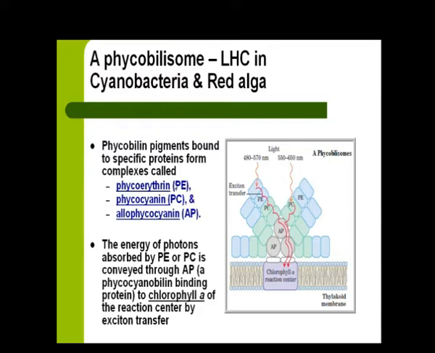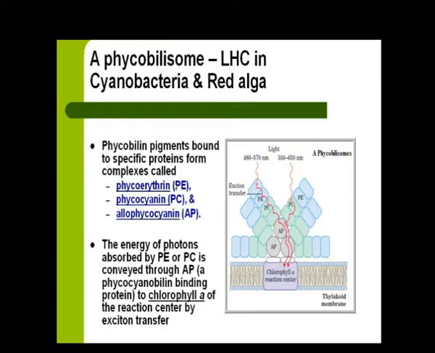Now, these are the light harvesting system. What will the light harvesting system do? It will collect light, transfer it to other light harvesting system components. Finally, it will give to the reaction center. The reaction center is the one which is going to further pass it to the other molecules, but their function is only to get the energy of the photon from the sun and transfer it to the reaction center.